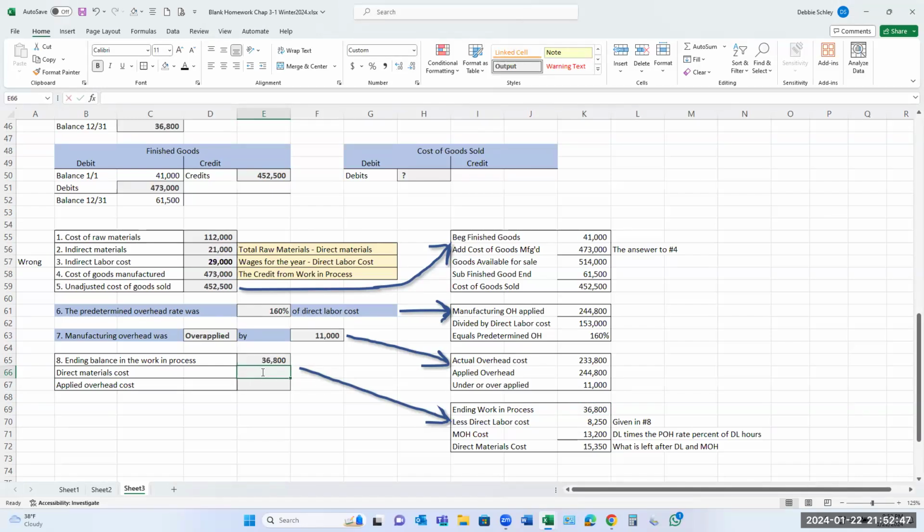Direct materials cost is that last number we figured out. And that's why I went through the whole problem before I filled this in, because I knew the second answer they wanted, we couldn't get that answer until we got this middle answer, manufacturing overhead. So this one goes there. That's the third one. So that's why I went through that whole thing. See, we did it. Good luck.